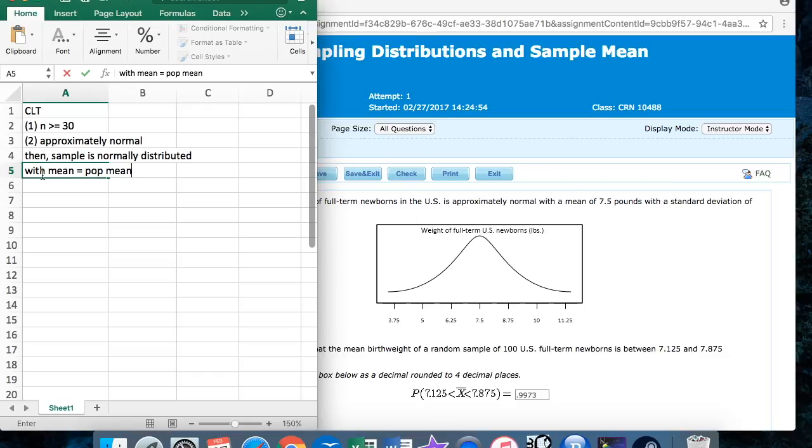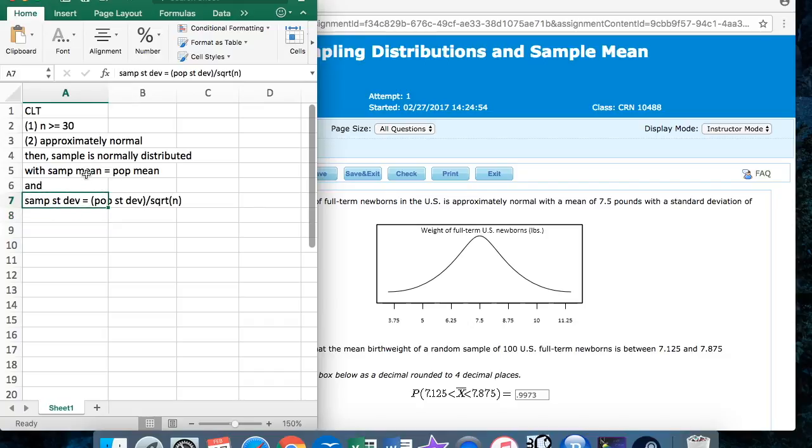So that's your sample mean, equal to the population mean, and the sample standard deviation is equal to your population standard deviation, in parentheses, divided by the square root of your n. They'll give you your sample size, that's n, remember, that's how many individuals we're looking at here. So you divide your population standard deviation by the square root of n, and that gives you your sample standard deviation.